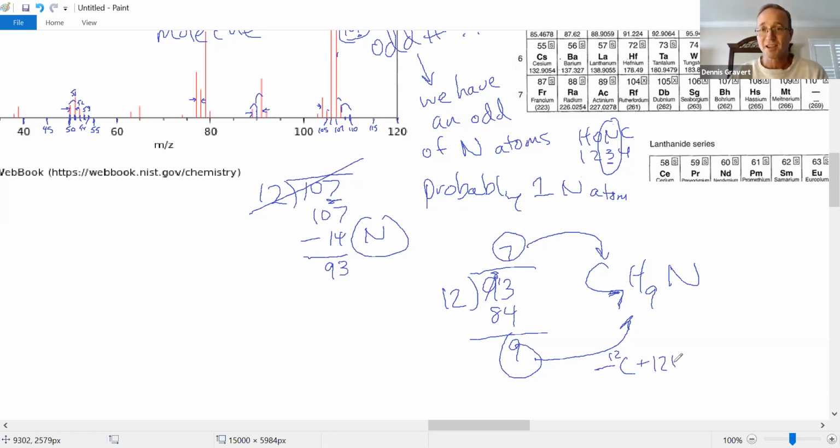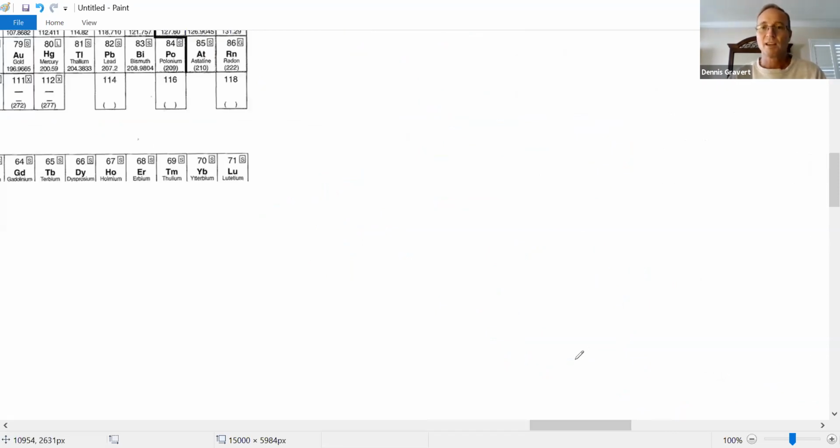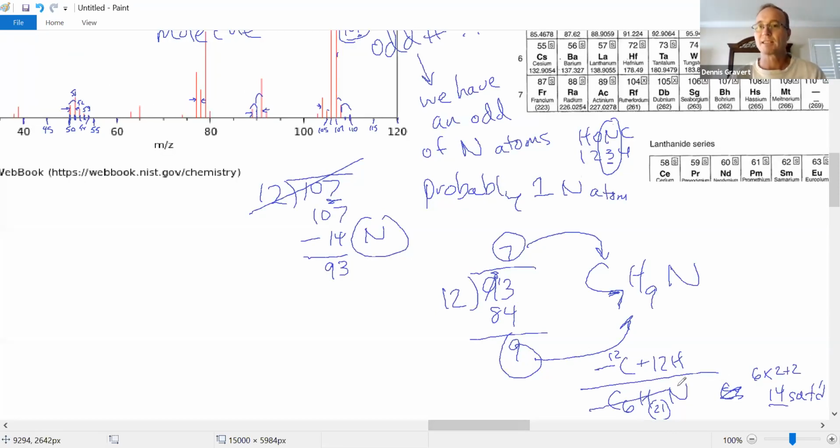I'm thinking about another formula where you take away the carbon, C6, add in hydrogens, that's 21, keep the nitrogen, but that's supersaturated. 6 carbons can only have 6 times 2 plus 2 more, which is 14. That's the maximum number of hydrogens, 14, if you have 6 carbons, and you can't have 21. This is not a possible chemical formula. That's bad. But at least we know how to calculate other formulas if we didn't like this one.